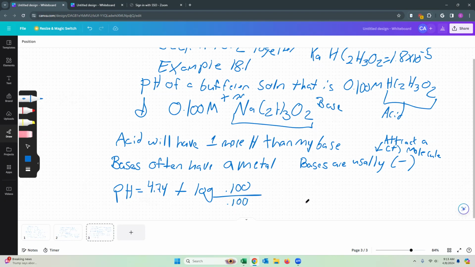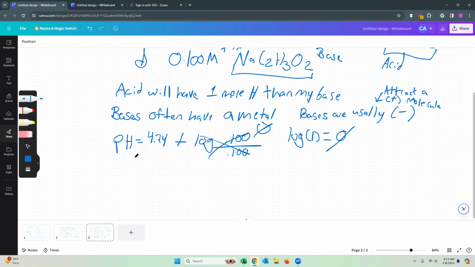All right, here's a fast trick for everybody out there. The log of 1 equals 0. So 0.1 divided by 0.1 is 1, and this would be the log of 1, which is 0. So in this case, our answer is 4.74. Our pH equals pKa. From this example, we actually learned a couple of things.